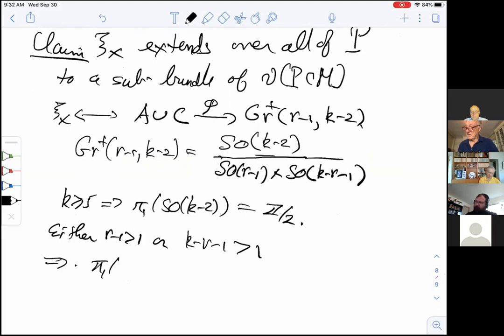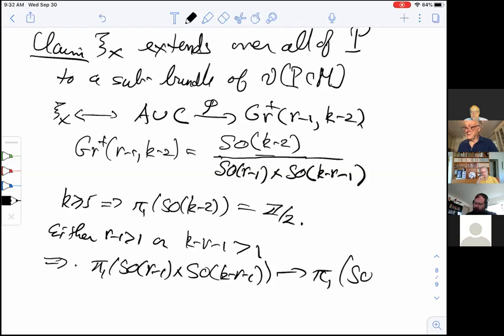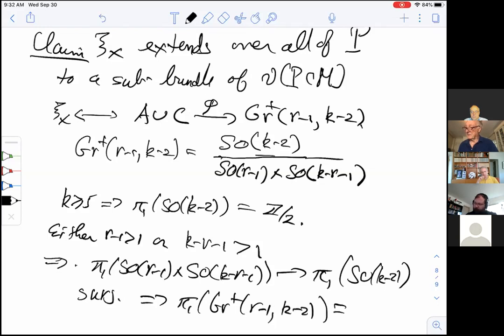So pi 1 of SO(R minus 1) cross SO(K minus R minus 1) mapping to pi 1 of SO(K minus 2) is surjective, and that implies that the fundamental group of this Grassmannian is trivial.